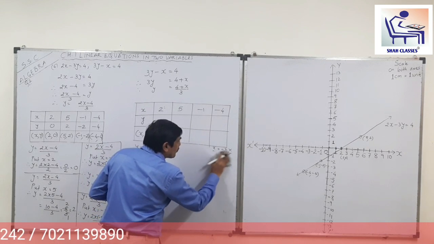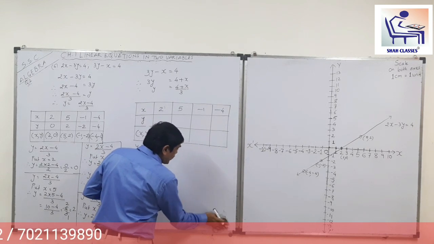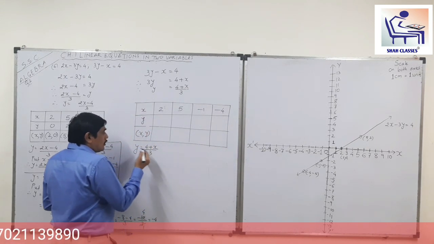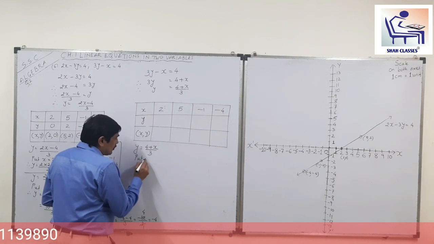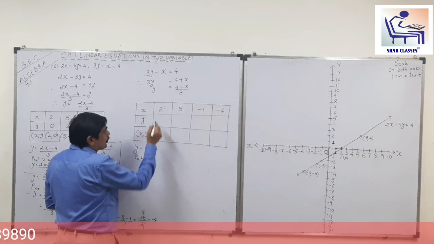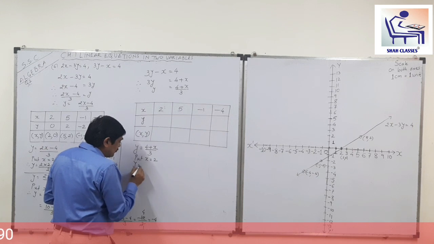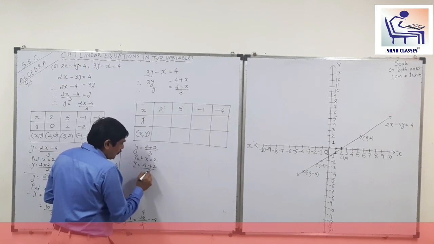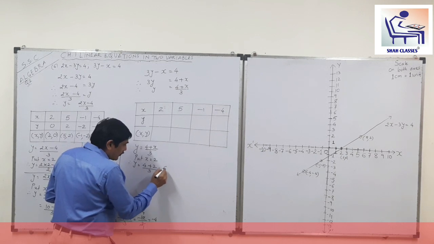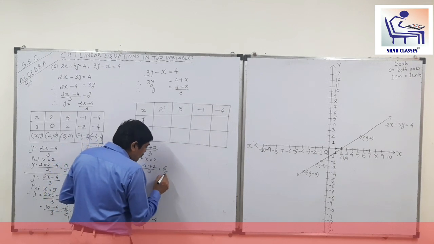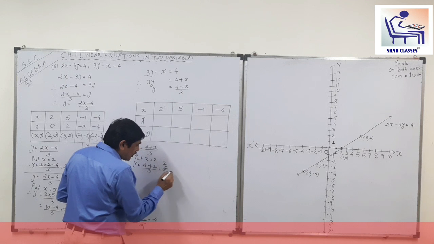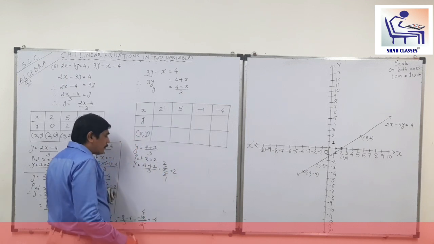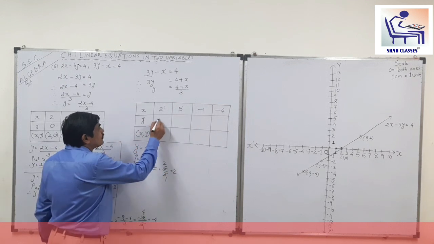This is your rough work, so I am rubbing it, no need of it. Put x is equal to 2, therefore y is equal to 4 plus 2 upon 3, y is equal to 6 upon 3, 3 twos are 6, so you got the value of y as 2.